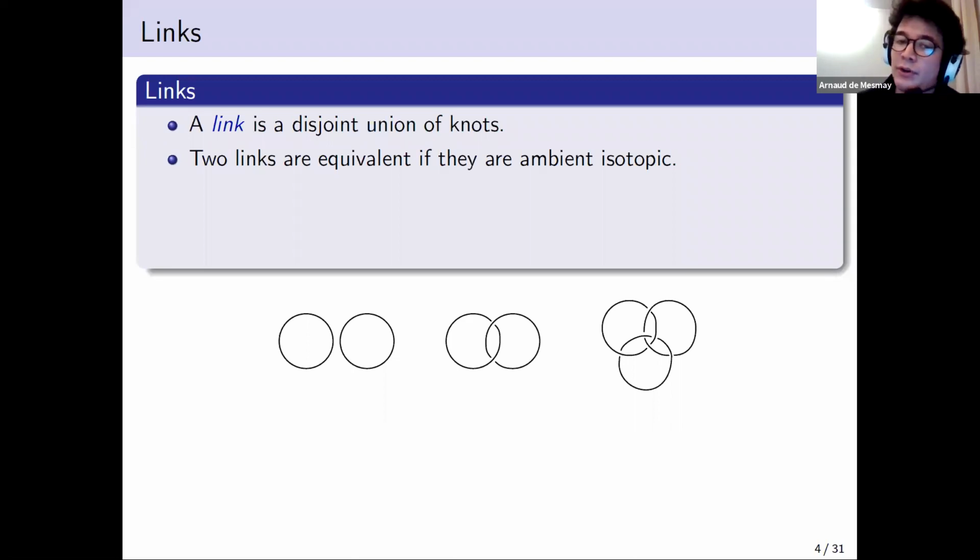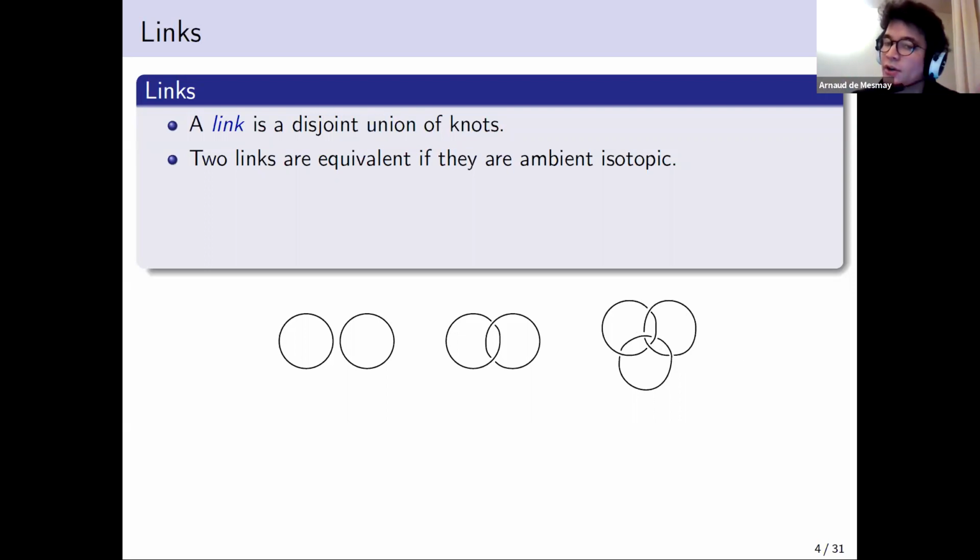Then the equivalence of links, that's the same definition as for knots. They're equivalent if you can deform them in R3, which is what one would expect. And similarly, there's a theorem of Reidemeister that goes with links that tells you that two links are equivalent if and only if there's a finite number of combinatorial moves relating them. And on the right here, we've got a picture of what is called the Borromean rings, which has this peculiarity that if you look at any pair of the knots here, for example, the top left one and the top right one, if you look only at these two things, you can pull them apart.